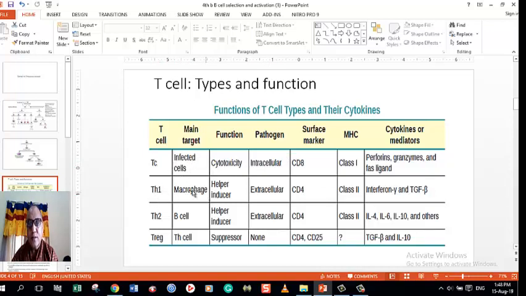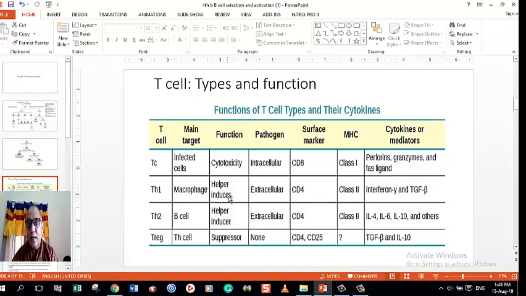T helper cell 1 acts on the macrophages and also on the dendritic cells. They are the antigen presenting cells.